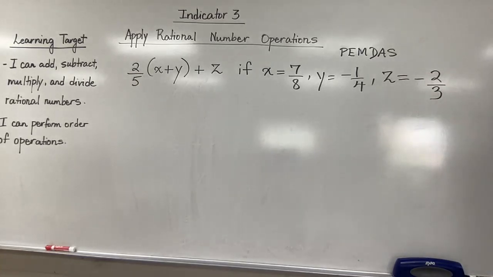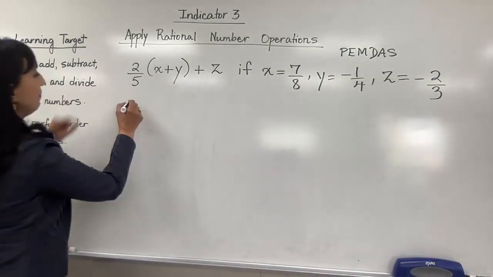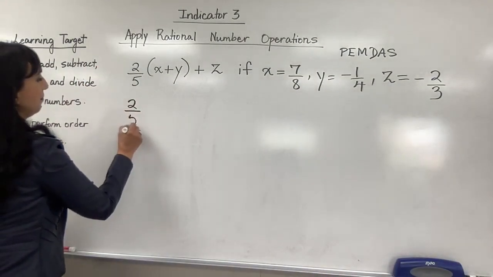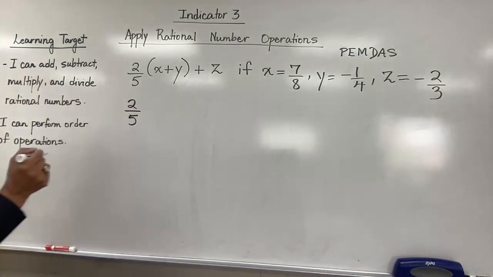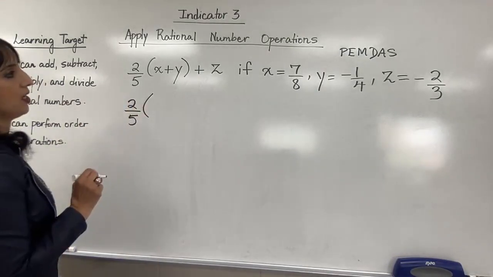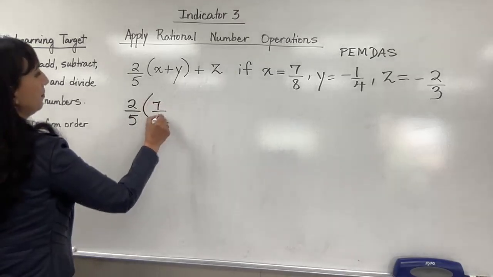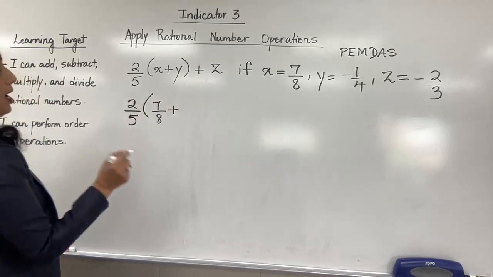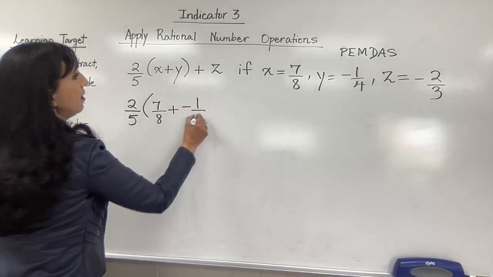Okay, so now I have my different values over there for x, y, and z, and all I'm going to do now is substitute the values in order to solve this problem. Okay, so let's start with the substitution. I have 2/5. I'm going to bring this down as is, times, this is multiplication, x is 7/8 plus y is negative 1/4.